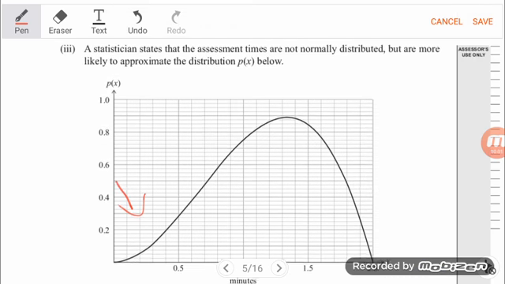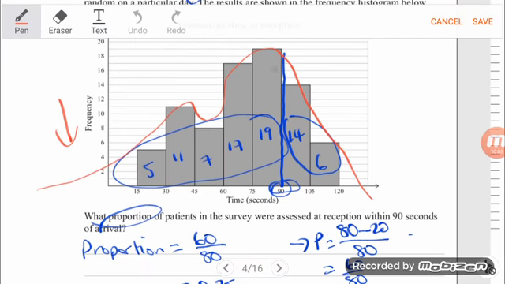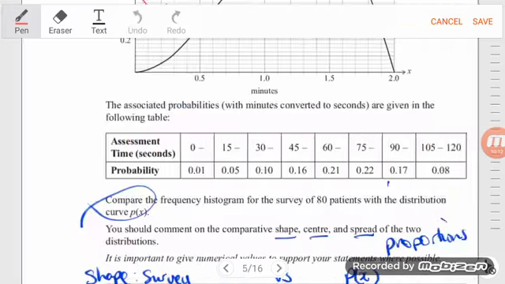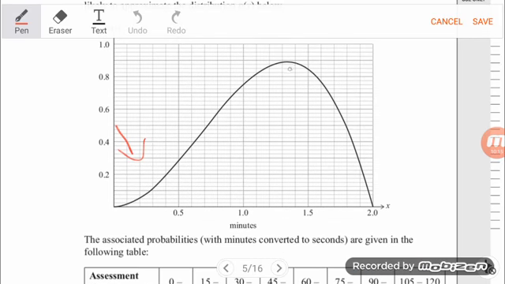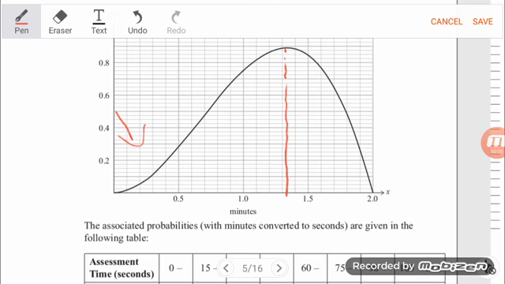Let's see. If we look at the center, it is around about here, 75 to 90 seconds. Whereas the center here, what's the center here? We're looking at about, let's see, 1.5, 1.1, 2, 3, about 1.35 as our center.